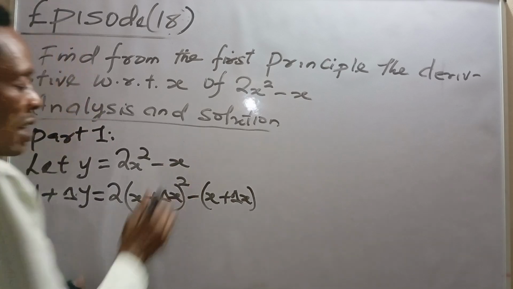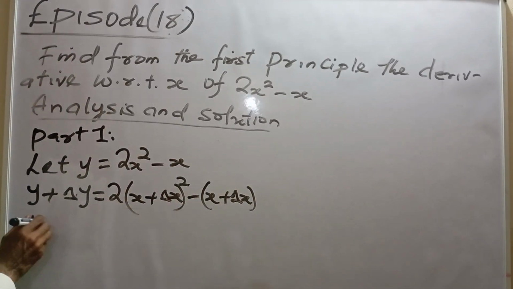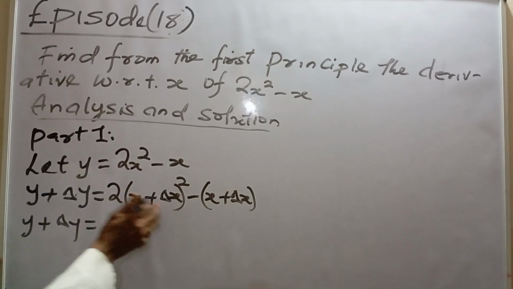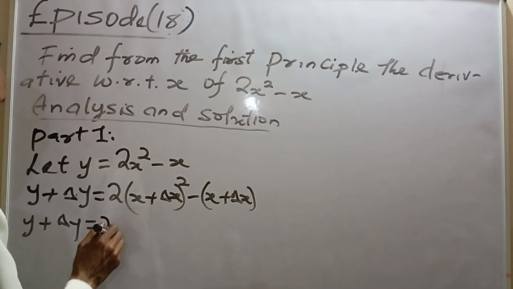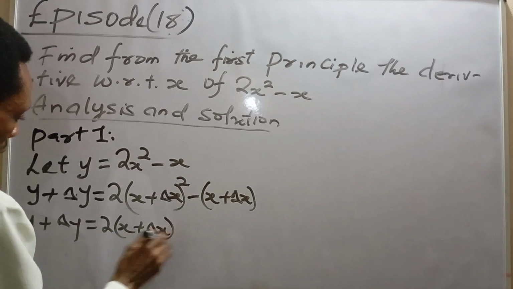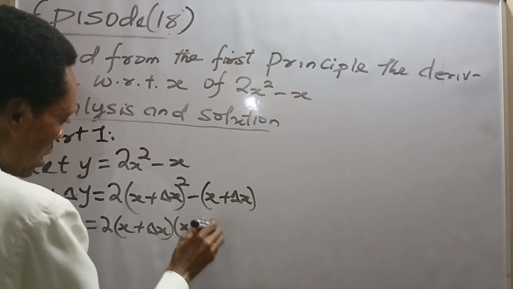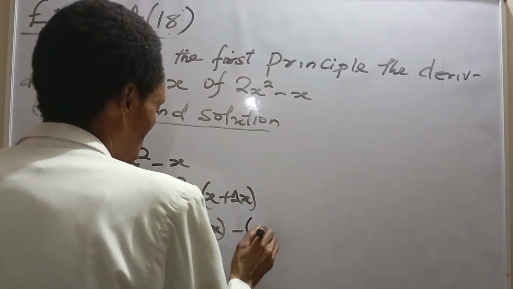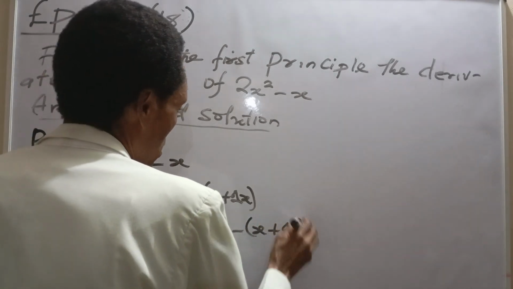So you have treated this one also. Now you have to expand this one. This can equally be written in this form: x plus delta x, open bracket, x plus delta x, then minus x plus delta x.